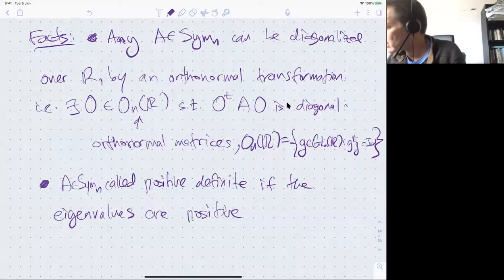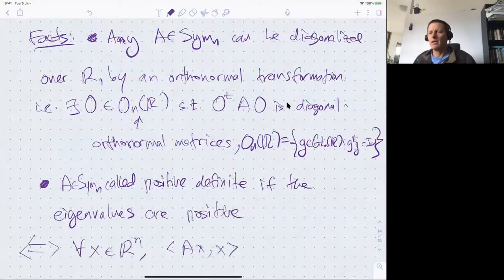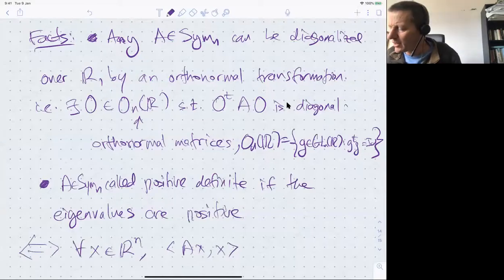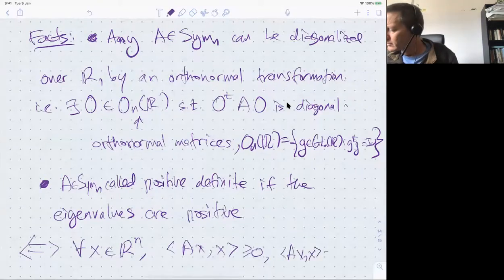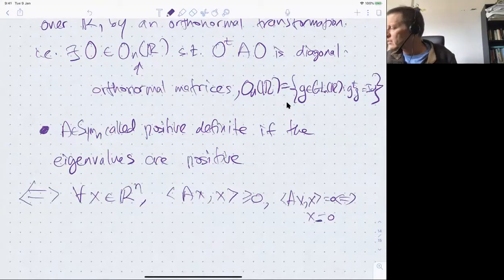And this happens if and only if I can define a quadratic form by this formula. X maps to the inner product of AX with X, and this is non-negative and only 0 when X is 0. So that's another way of detecting a matrix being positive definite.